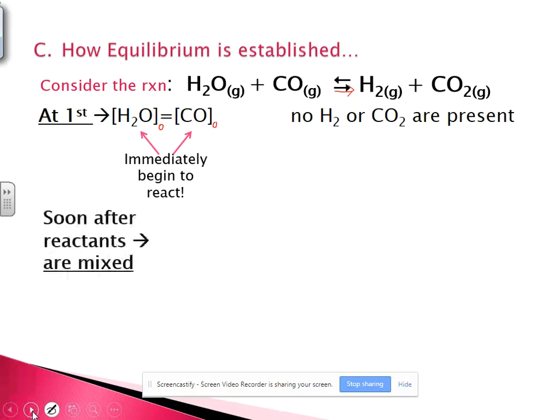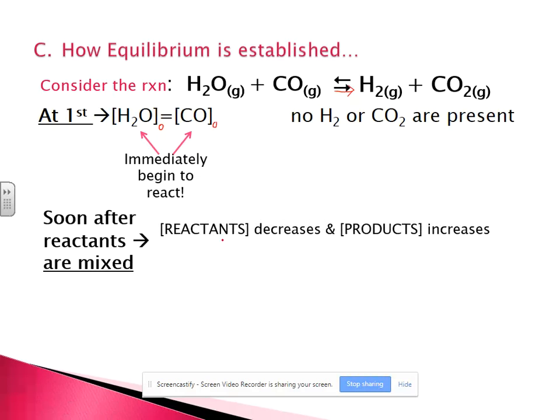Now, depending on the kinetics of the reaction, the rate of the reaction would determine how fast it actually would reach equilibrium. But soon after the reactants are mixed, what starts to happen is the concentration of the reactants decrease because remember, they're decreasing over time. If you think back to the rate expression, we talked about the negative sign meaning they're disappearing.